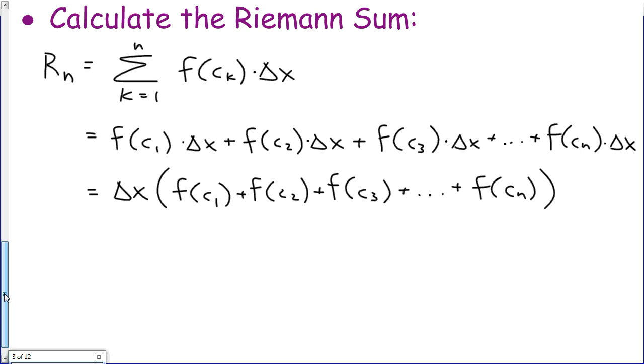So it turns out to be delta x times the sum of n y values, n function values here. Turns out to be a nice way to remember that. It's very similar then to trapezoidal sum, but remember there is a difference here. We'll see that in our first example, but just realize it's very similar, but know the differences between the two. All right, that is our Riemann sum.